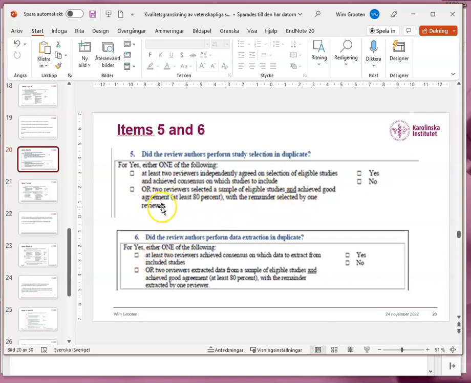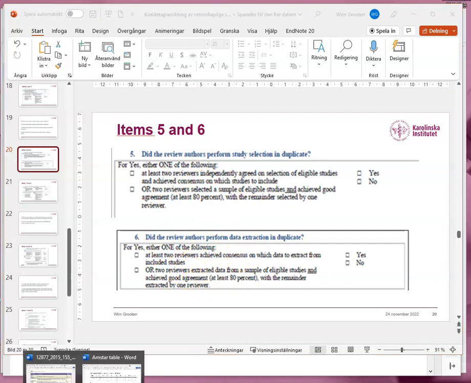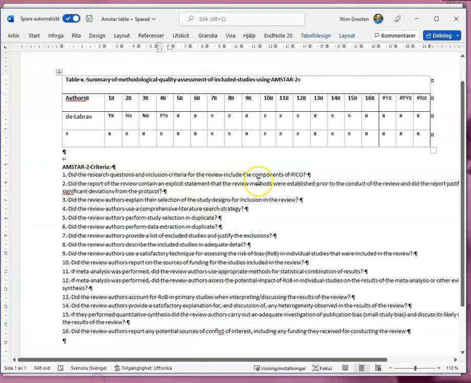So sometimes if you do a part together, and you see you have good consensus, then they can go on one by one, but I don't think so. I cannot read it, so I have to say no on this one and a no on that one. That is the study selection and data extraction.